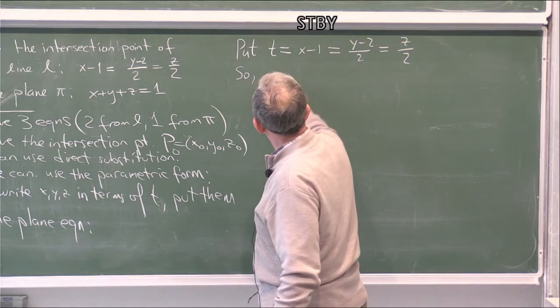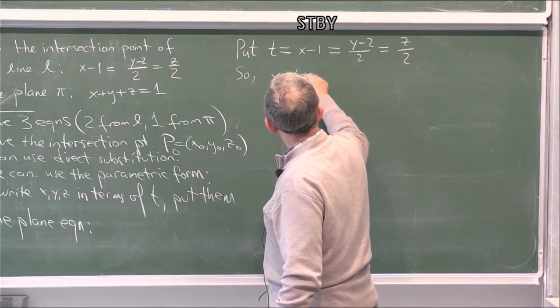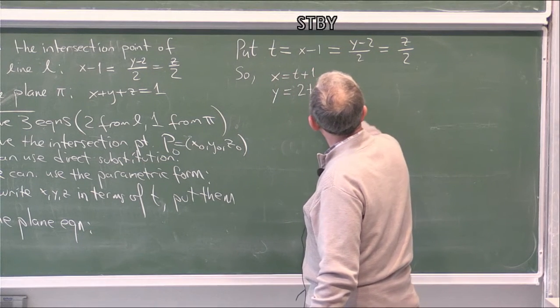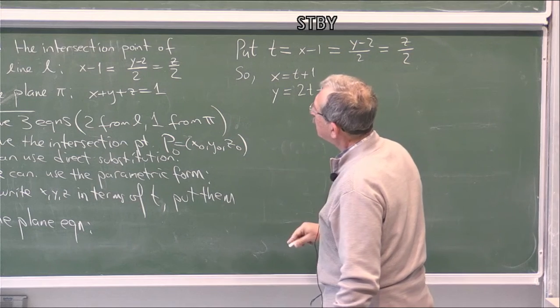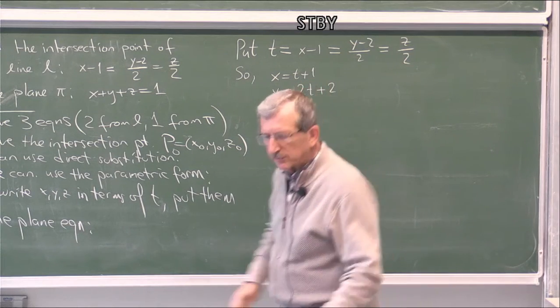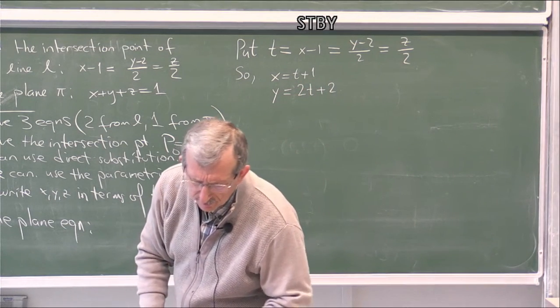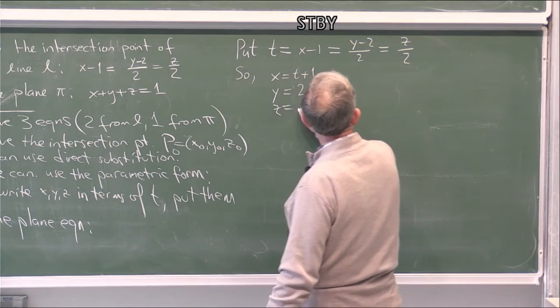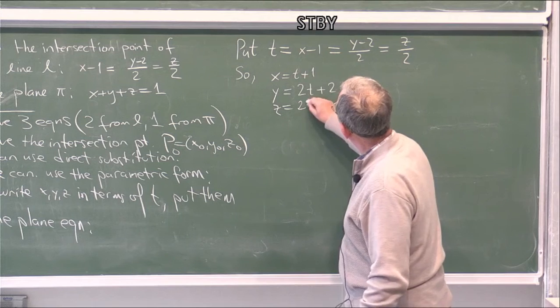So x is t plus 1, y is 2t plus 2, and z, of course, happens to be 2t.